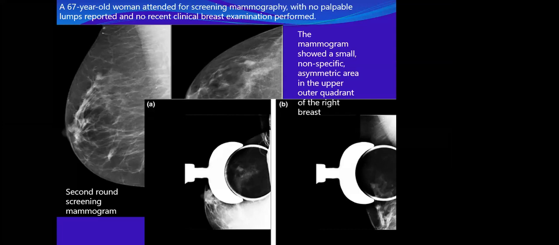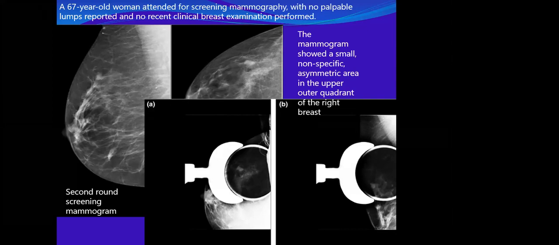It is a real finding. But is it associated with distortion? Is it a mass? No, it's just a focal asymmetry confirmed. It doesn't show the conspicuity of a mass.